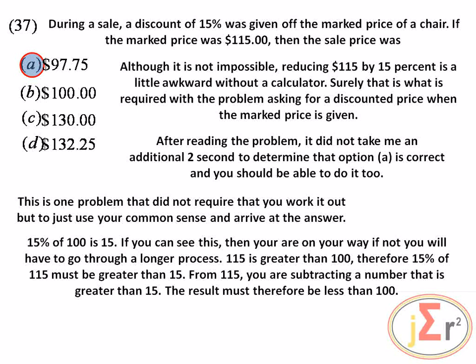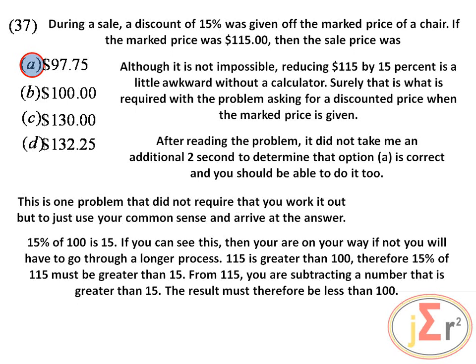So if we are subtracting a number that is greater than 15 from 115, then the answer will be less than 100. If we take 15 from 115, we will get 100. But we are not taking 15. We are taking a number that is greater than 15 from 115. So the result is going to be less than 100.